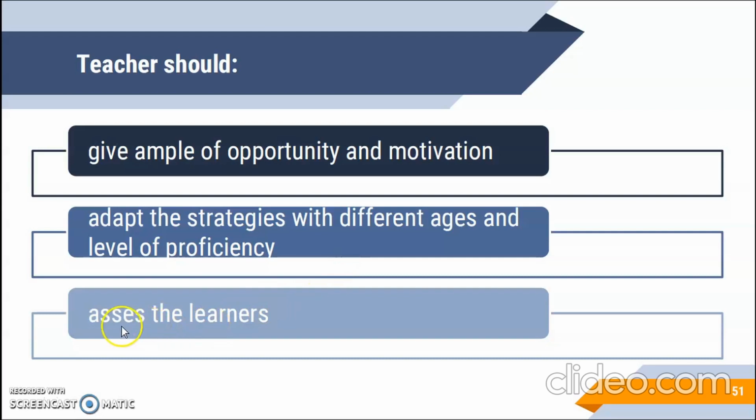Okay, the third one, assess the learners. It is very important to assess the learners in order to see improvement during the learning process. It is also important to see the benefit of applying certain strategies to the learners in order to enhance their language proficiency.